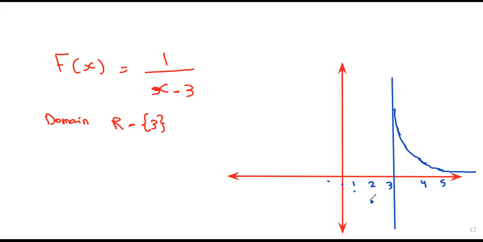So this curve is going in this direction. By taking any negative value, you will find that this line is going in this direction, but by substituting a number, it doesn't cross the x-axis. What about the values between 2 and 3? You will find this line is going down.